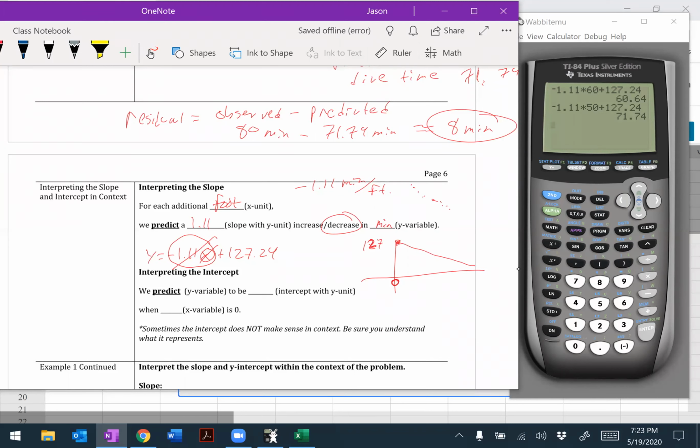We would predict 127 minutes would be available when the x variable, the feet, is 0. When we're 0 feet deep, we could go about 2 hours on our tanks.